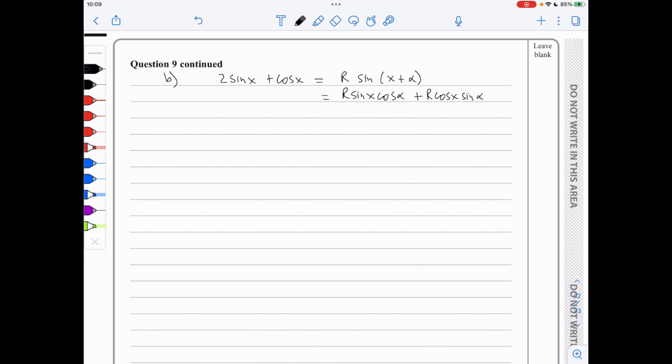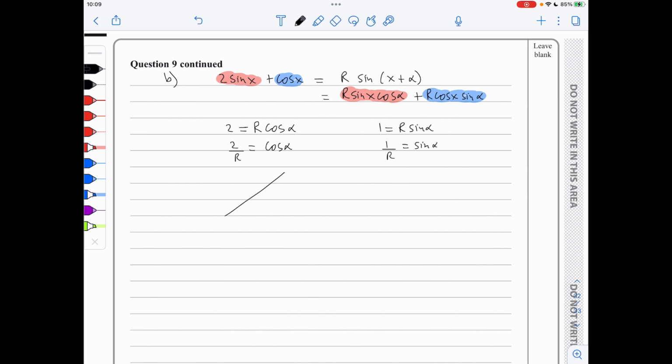I will be equating the sine x terms, and then independently equating the cos x terms. So this leads to 2 is R cos alpha and 1 is R sine alpha. So we have that 2 over R is cos alpha and 1 over R is sine alpha.